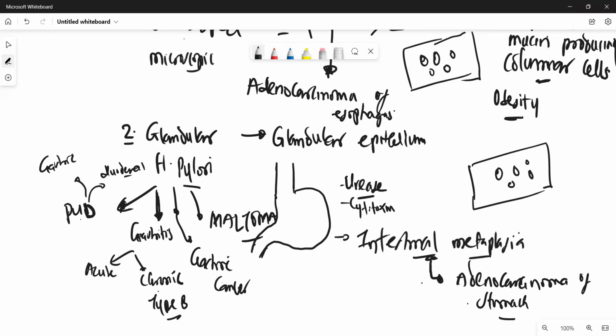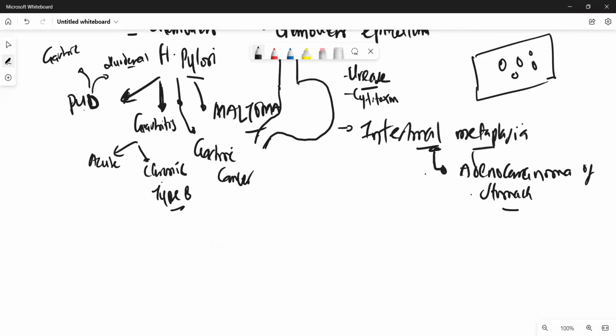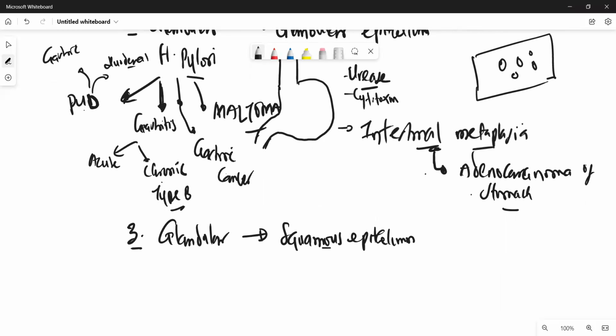Moving on. Another type of metaplasia is when we're going from glandular to squamous. In other words, the original epithelia there was glandular, and then because of the stress it becomes squamous. A classic example is smoking.